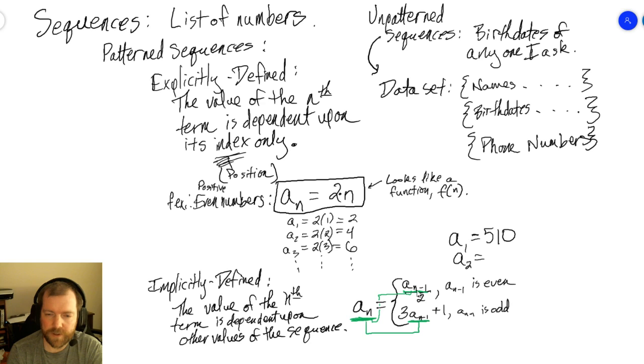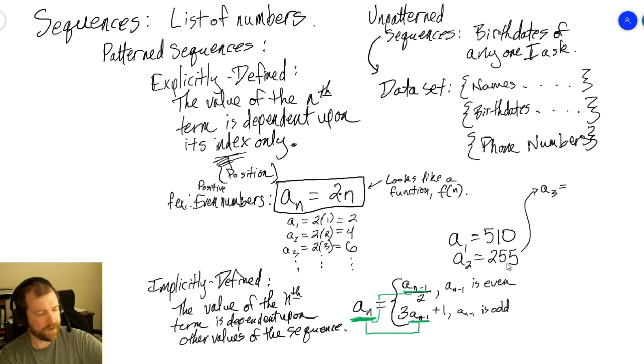So we plug that in here, we divide by 2, and we get 255. And a sub 3 is going to be equal to, well, this is odd, so we triple this and then add 1. So we get 766.